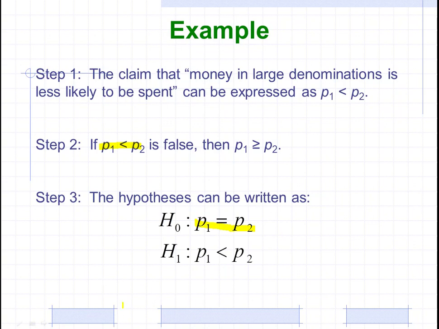And again, our claim is the large denomination group will spend at a smaller rate than the small denomination group. So notice how our claim in this case is the exact same thing as our alternative hypothesis.